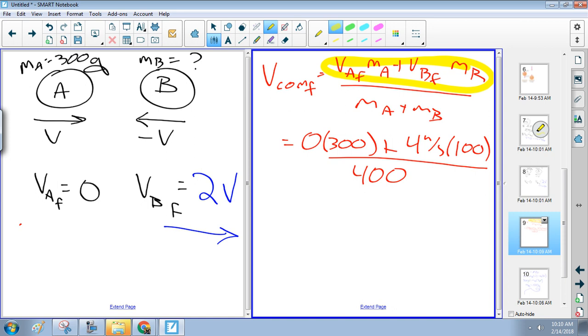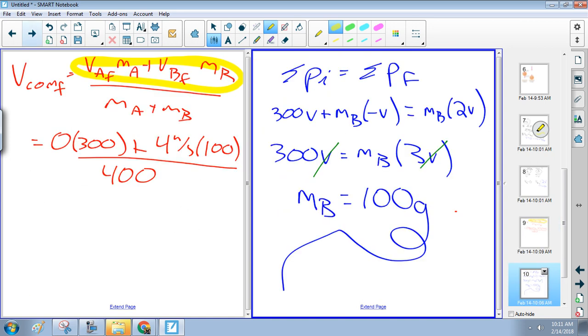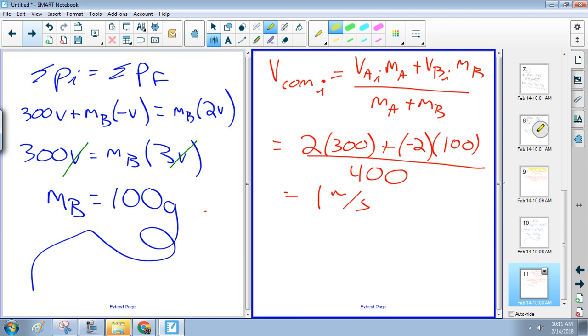And what was this? Total initial momentum, right? So when you find the velocity of your center of mass, you're just taking the total momentum of the system and dividing it by the total mass of the system, which gives you the velocity of the system. Cool?